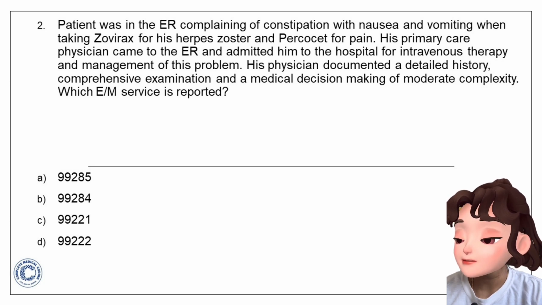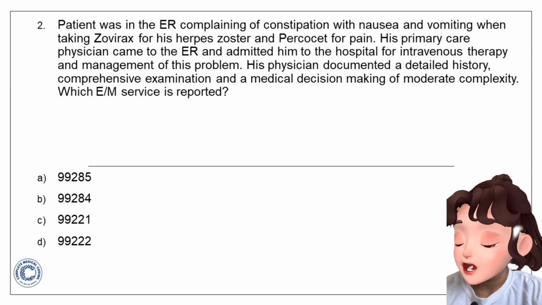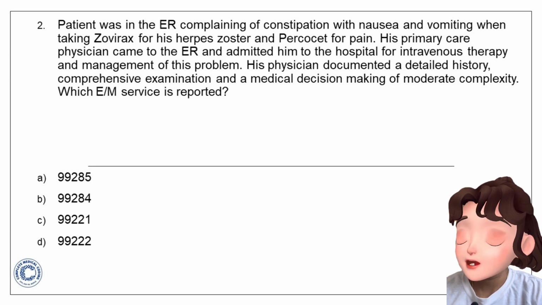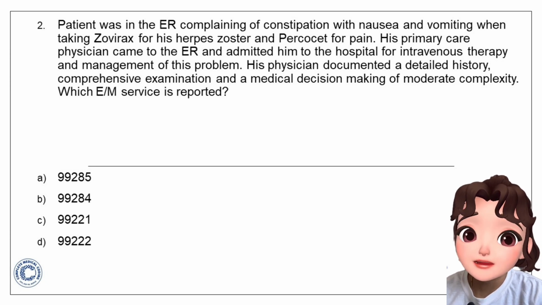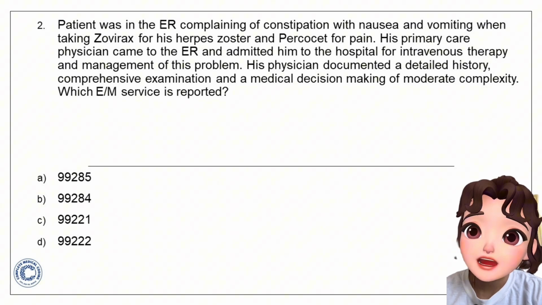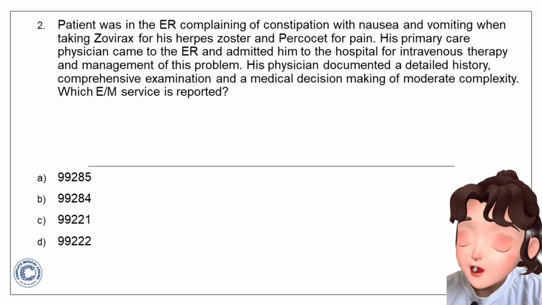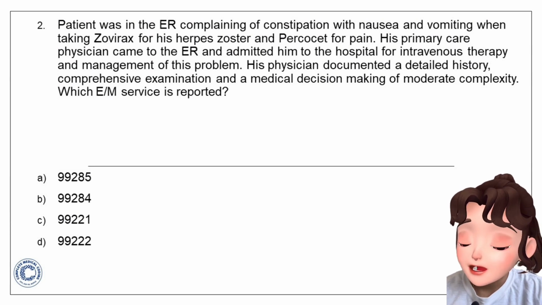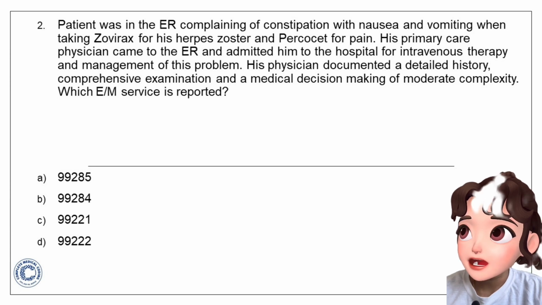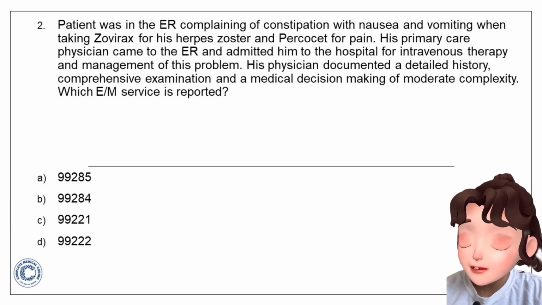So here, you should read carefully if you get confused with these two codes. See, in the first code, option C, 99221, two components are matching, right? Two key components out of 3 are matching. Detailed history and comprehensive examination are matching.